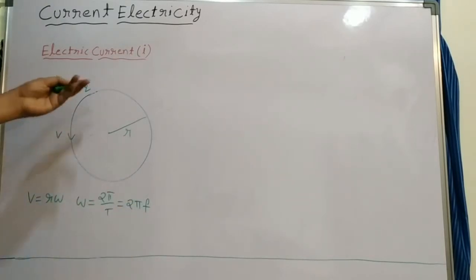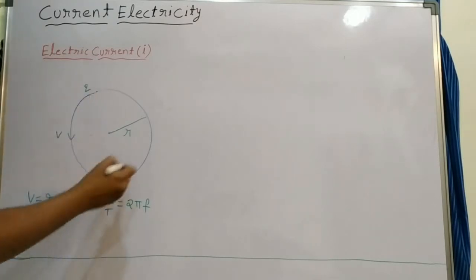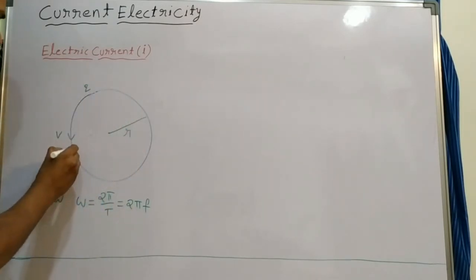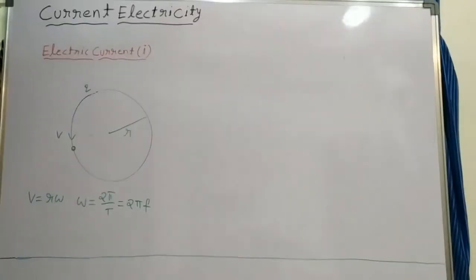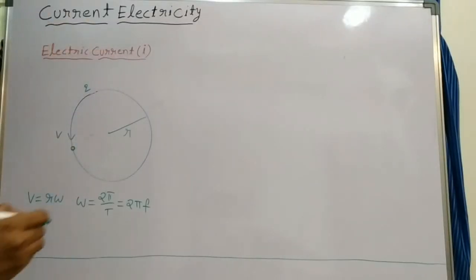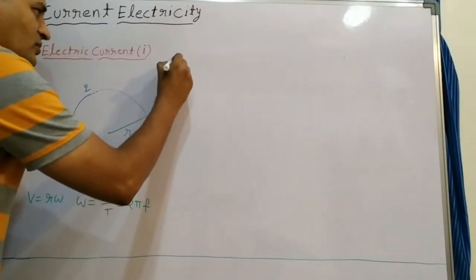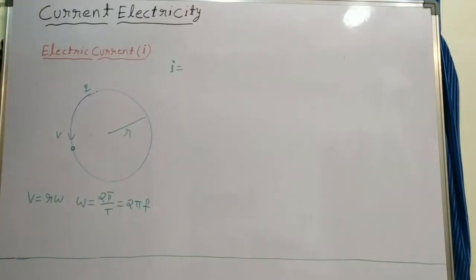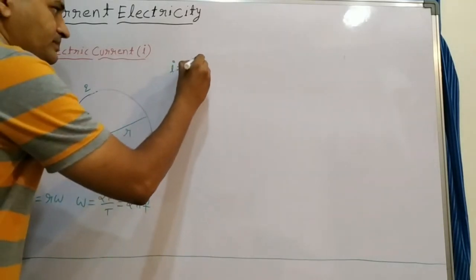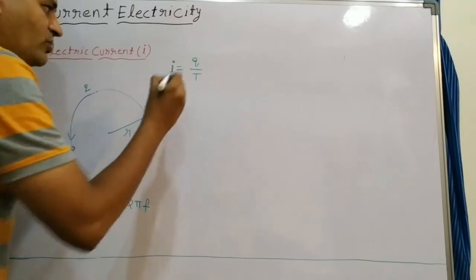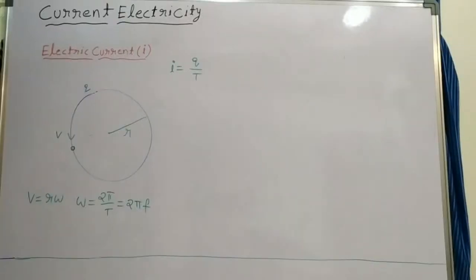Using these values, how to calculate current? Suppose a charged particle is rotating in a circular path; at any particular position, how much current is flowing? The amount of current flowing, we can write like this: I is equal to charge by time, Q by T. So calculate the T value and send omega to that side.